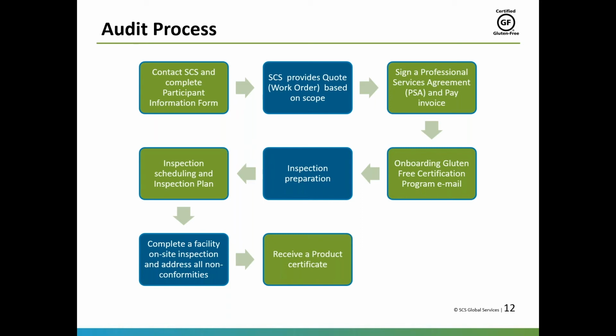And actually, at the end of the site inspection, the auditor is going to go through all those nonconformities with you, and you'll have a period of time to essentially resolve all those nonconformities, submit further documentation, update your procedures, etc. And then once those things are resolved, if necessary, then you will receive your product certificate. So that's the general audit process.